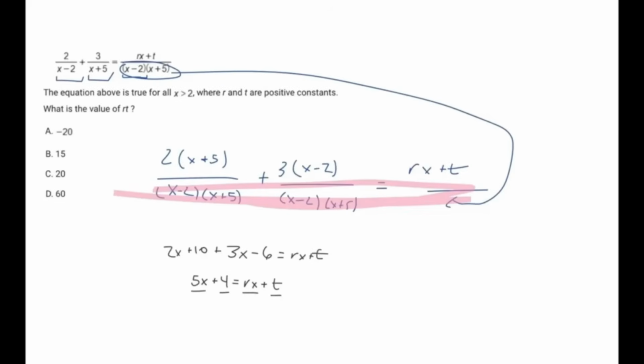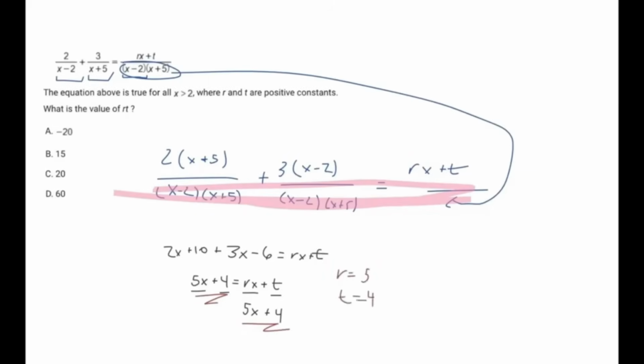So in our case, for r, we can just substitute in 5, right? So if r is 5, we get 5x, and if t is 4, we get 4. And that's kind of funny because left side, 5x plus 4, right side, 5x plus 4. Those two are equivalent, and so we know r is 5 and t is 4.